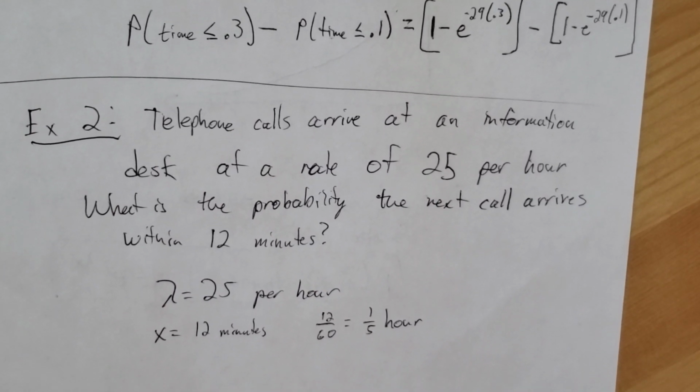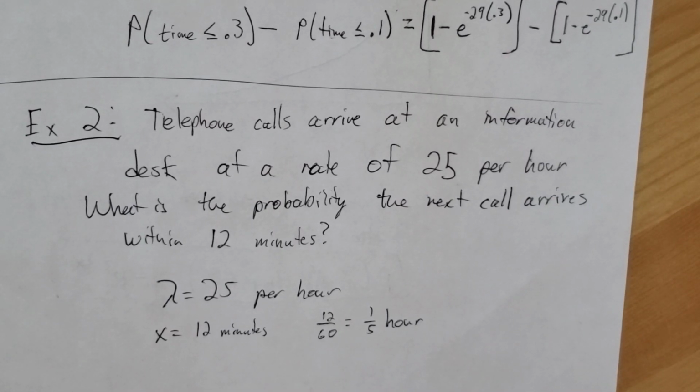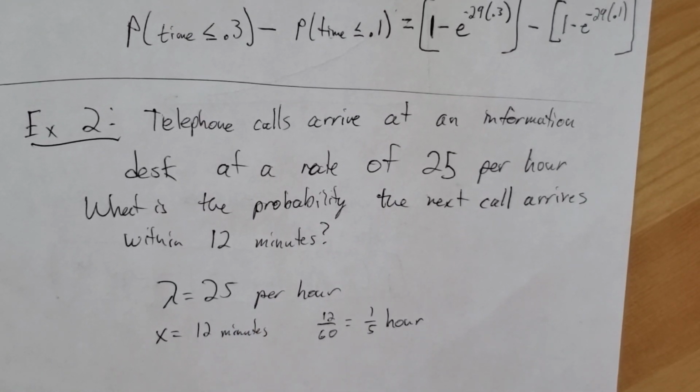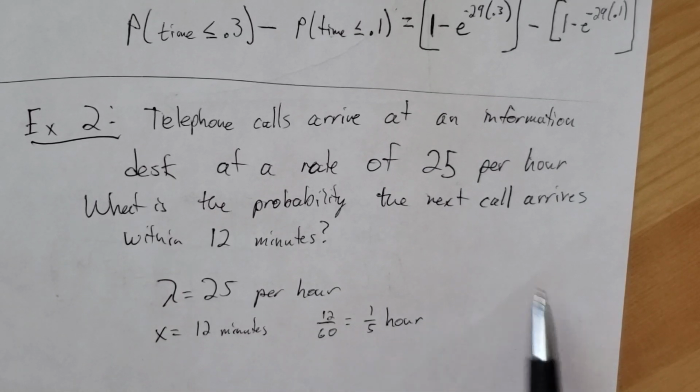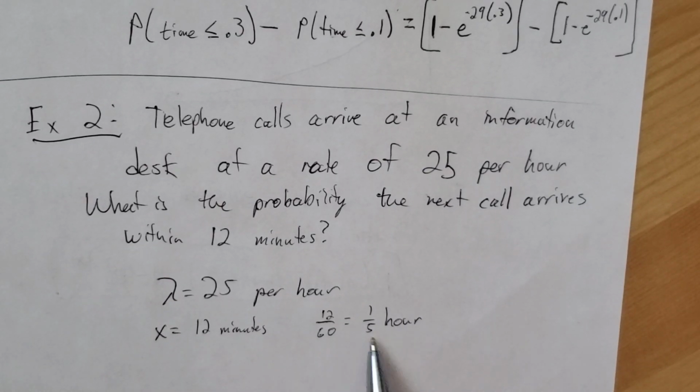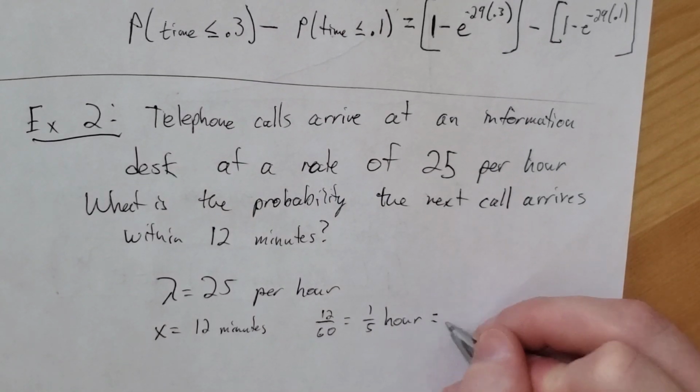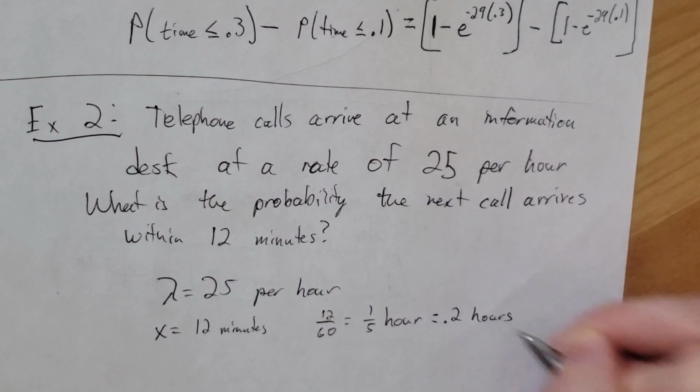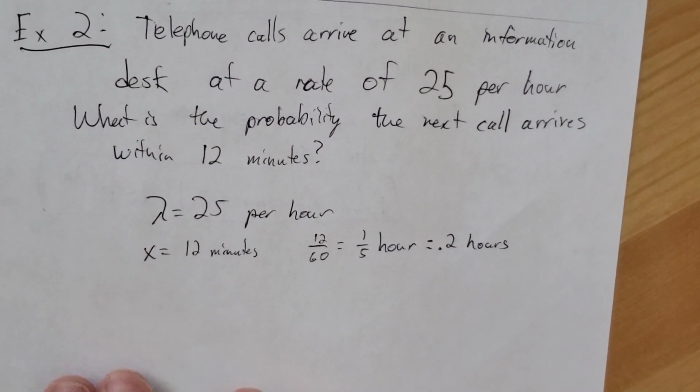So our x is actually going to be 0.2 here. And x can range from 0 to infinity, so you can allow x to be bigger than 1. What if we wanted to know the probability the next call arrives within an hour and 5 minutes? In units of hours, that would be bigger than 1, and we could ask that question. But in this particular example, our x ended up being less than 1 again, in particular 0.2 hours.